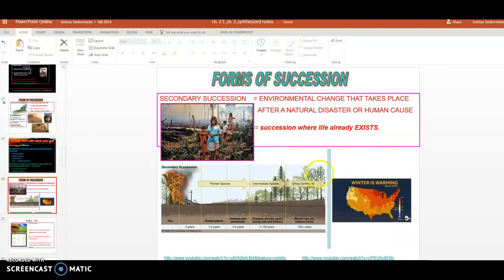Another example of succession could be, according to this little graphic, that certain areas of North America and our country, the US, are slowly increasing in temperature. So our winters are warming gradually. That's another form of succession, climate.